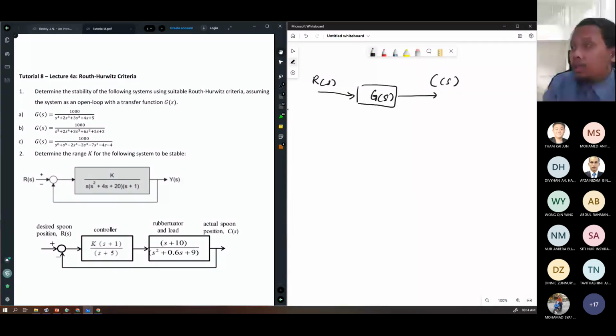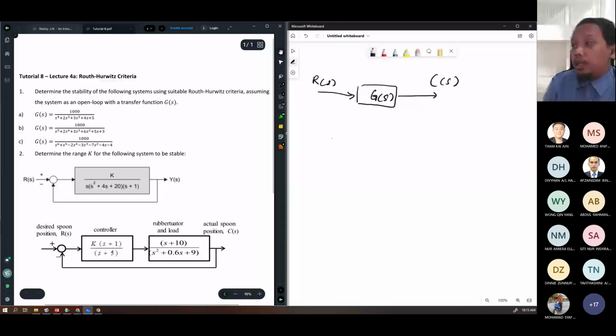So G(S) basically relates the output with input, so you don't have to do block diagram simplification for this case. You are given the transfer function G(S), so you can straight away use the denominator to create the Hurwitz table.